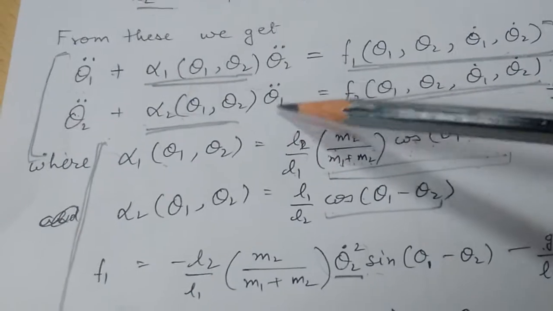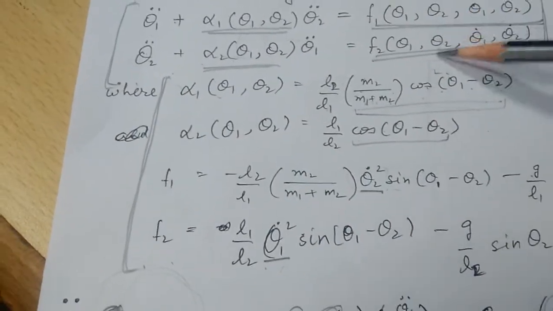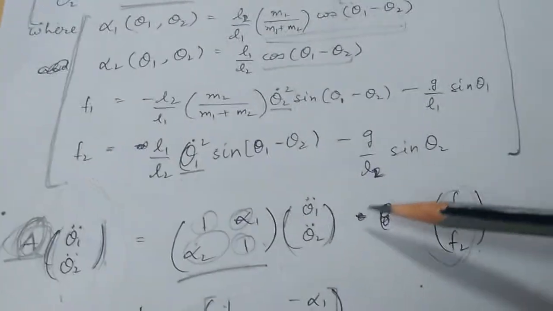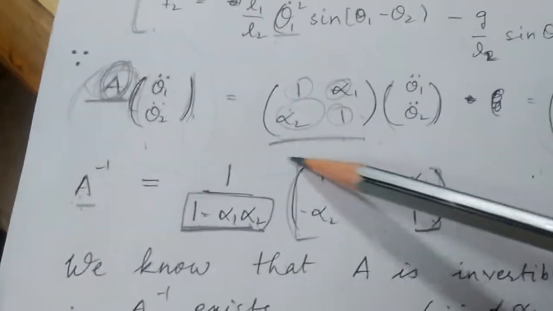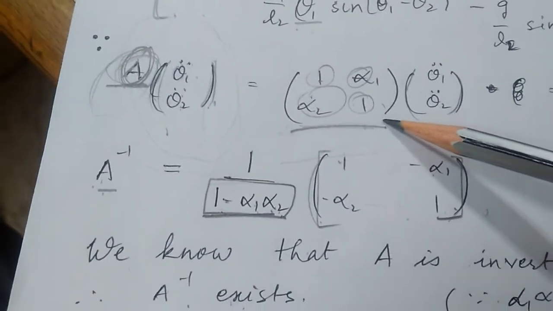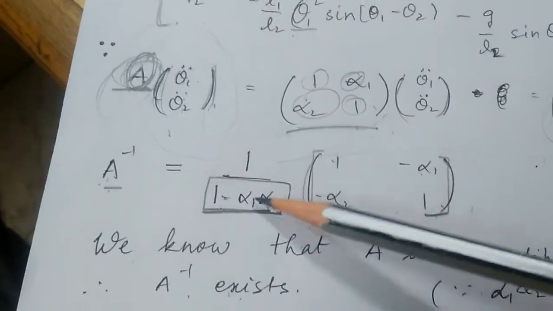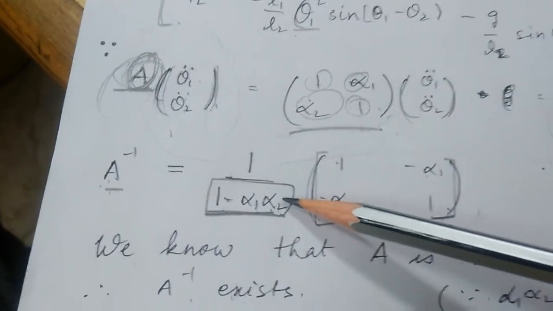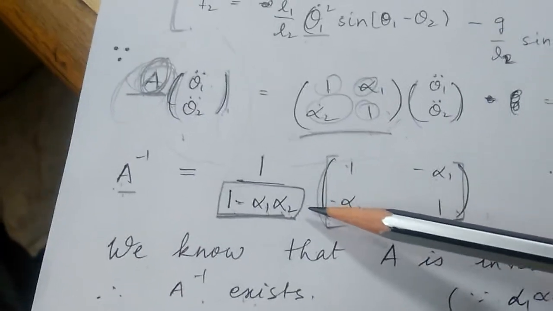What does this mean? We can write this as a system of two linear equations in two variables. Now you see the coefficient matrix of our system of linear equations is invertible. How? 1 minus alpha 1 alpha 2 is greater than 0 no matter what, because alpha 1 alpha 2 is less than 1 no matter what.